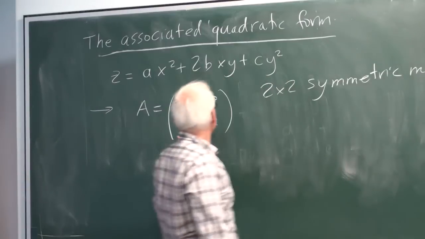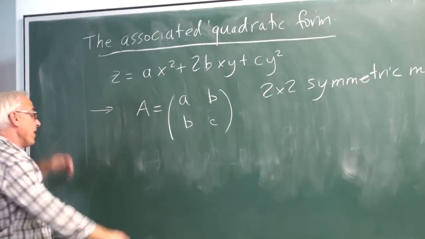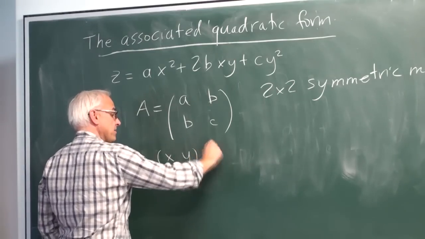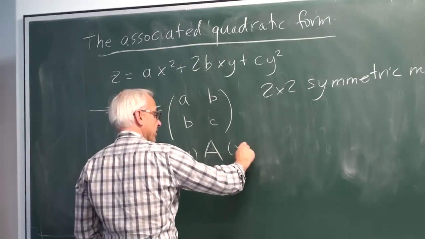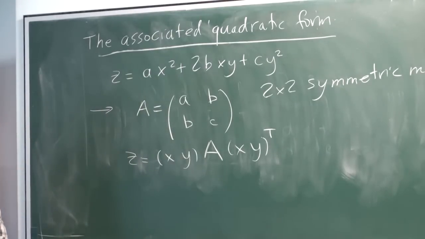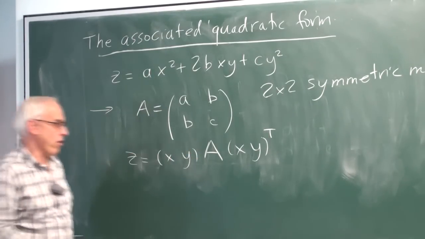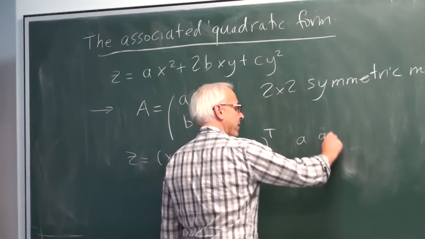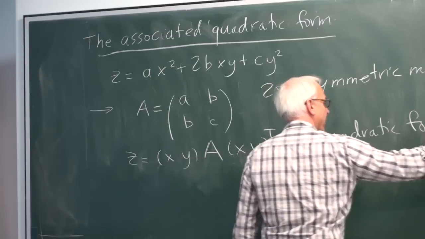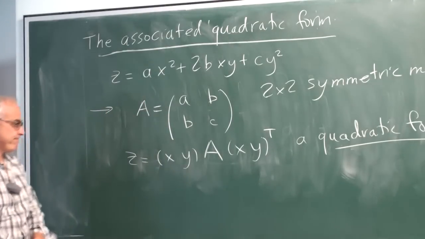And in terms of that matrix, we can write down this expression as z equals, well, the vector (x, y) times the matrix A times the vector (x, y) transpose. And this kind of expression is called a quadratic form in mathematics.